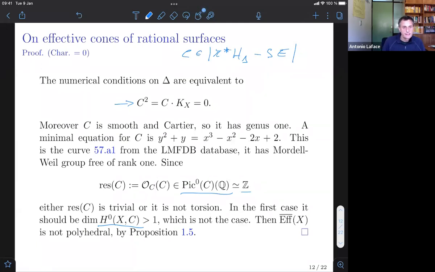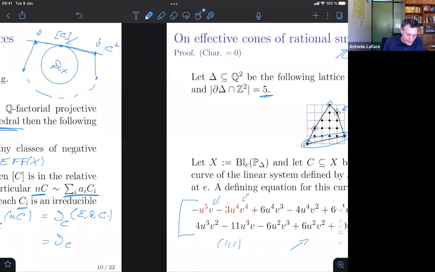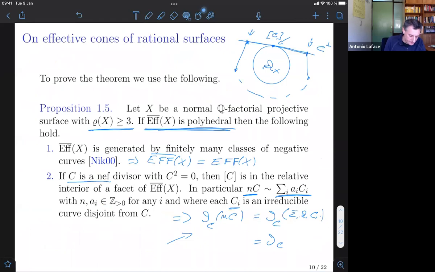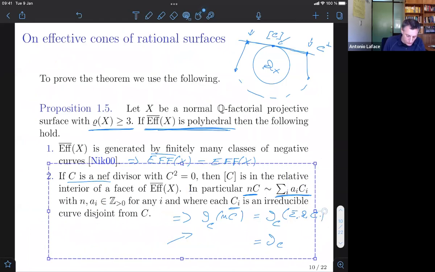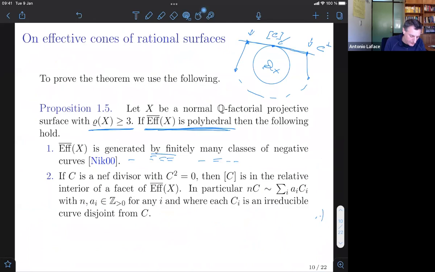In positive characteristic, it is more complicated because the restriction of C is always torsion. So we cannot use immediately the same analysis. So let me go back to the criterion, especially part 2 of the criterion.